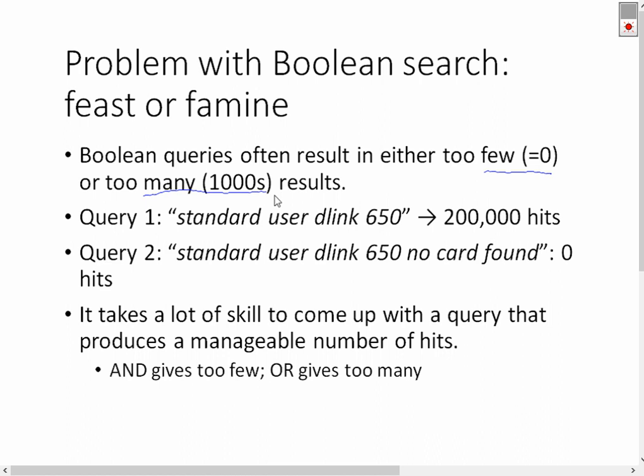And the other challenge that we oftentimes run into is there's no concept of like. It's exactly this or exactly that, or not this or not that, but not the variability that says I might be looking for this term, but what I really need is all of the things that are kind of like that. So again, feast or famine tends to be a real big issue with the Boolean model.